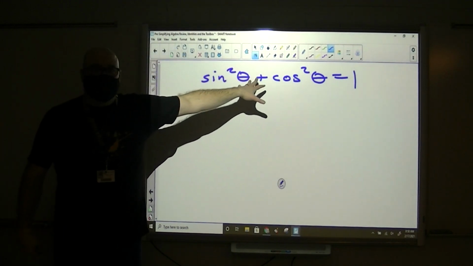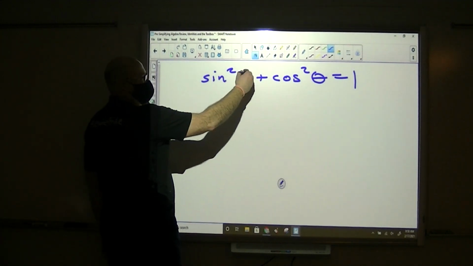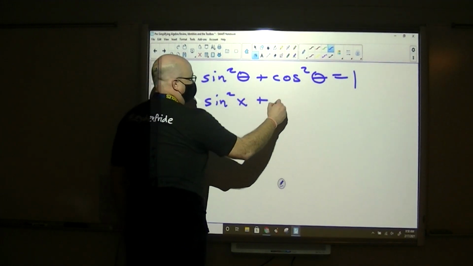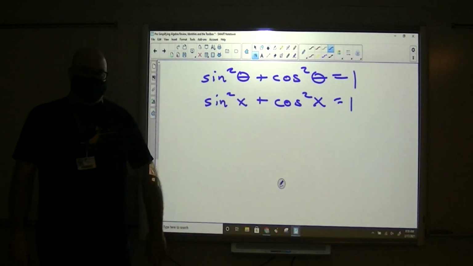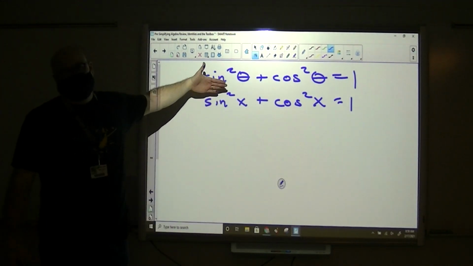Don't focus so much on what theta is, because we also will see this written with x's. That doesn't change it one bit. This and this are the same exact thing.